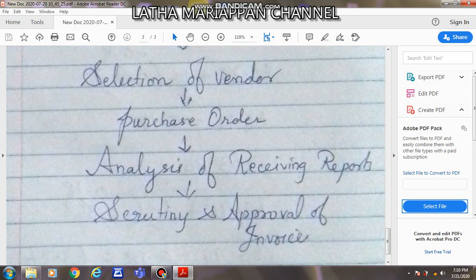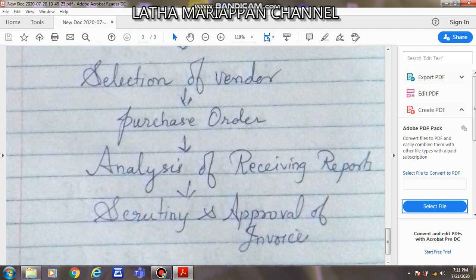It should contain all the information: what kind of material you need, the quantity, the quality, the detailed specification of the material, prices, and the time and place of delivery. Everything should be there in that purchase order.